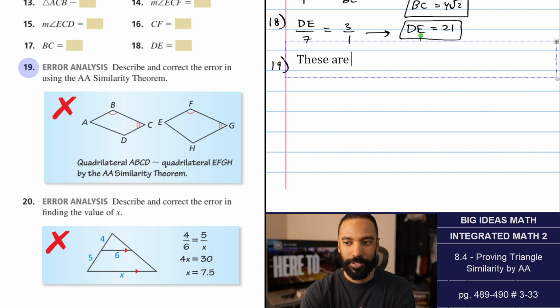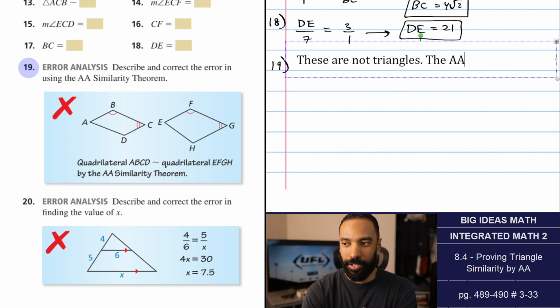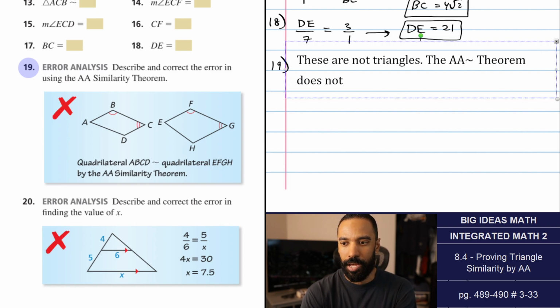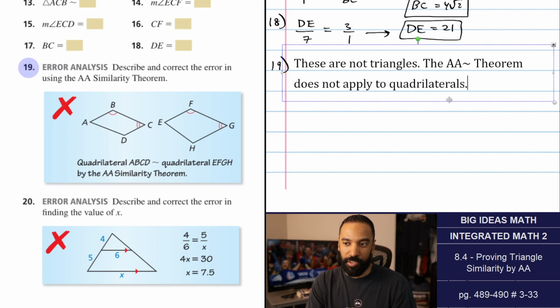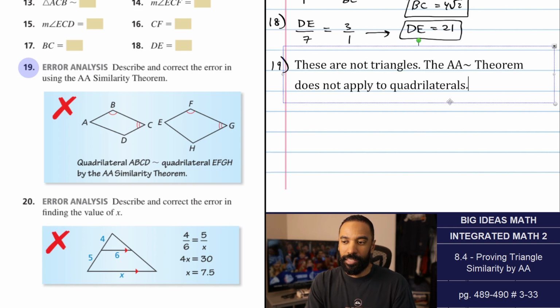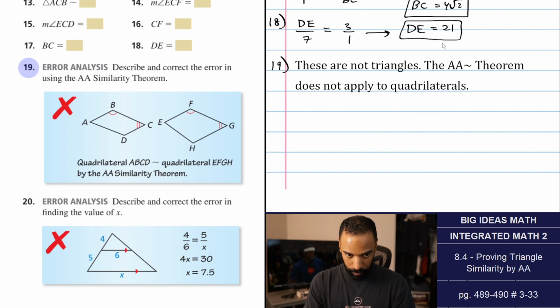These are not triangles. The angle-angle similarity theorem does not apply to quadrilaterals, or any other polygon, but this is specifically quadrilaterals they're talking about. It needs to apply to triangles.